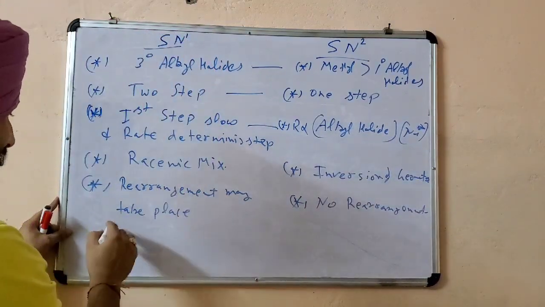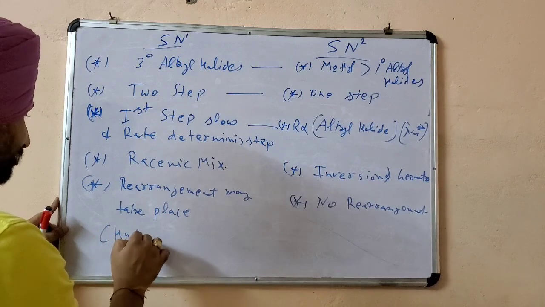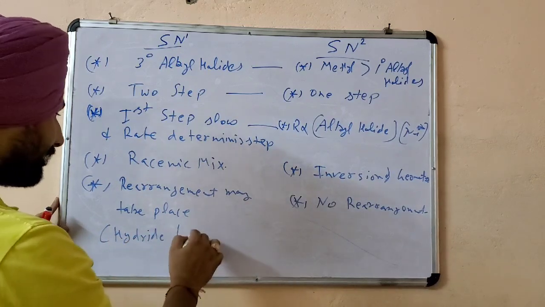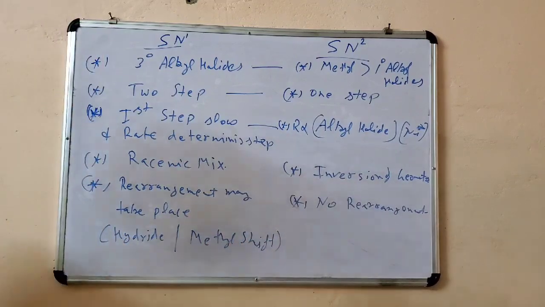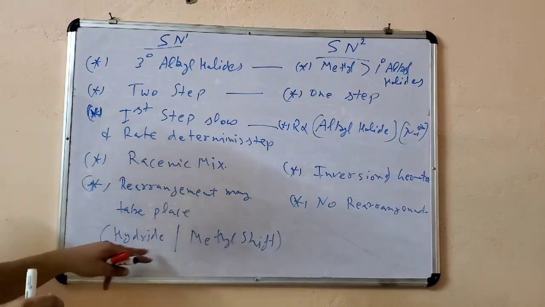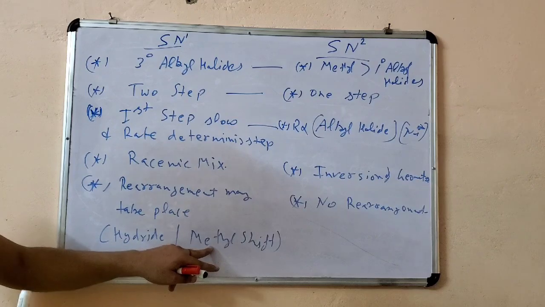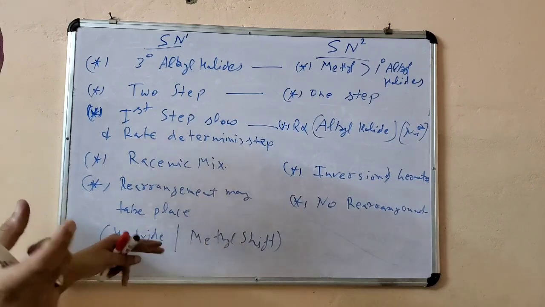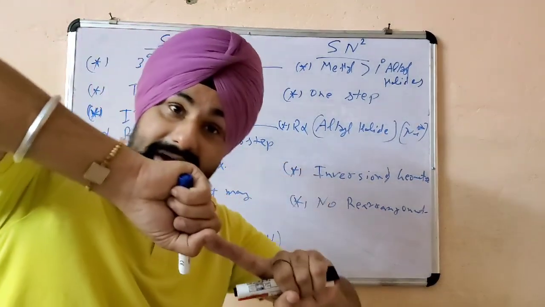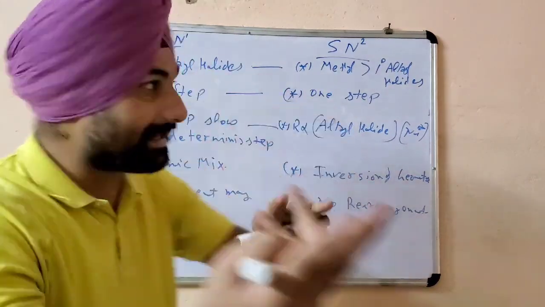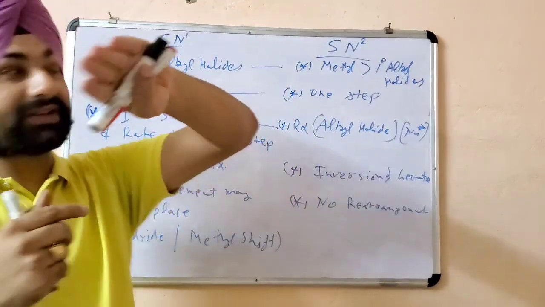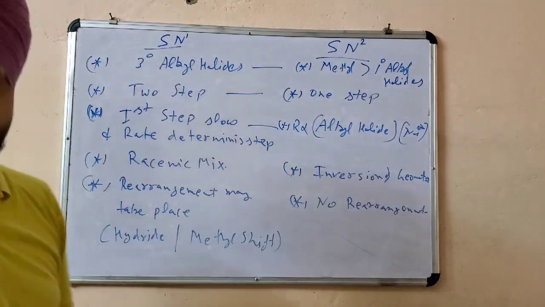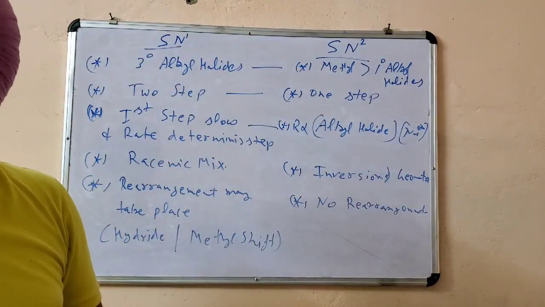Rearrangement may take place means a hydride or methyl shift may take place. After shifting a methyl or one hydride anion, a primary carbocation can be converted to tertiary. If that is the case, then it will prefer the SN1 mechanism. Secondary can be converted to tertiary. If that is the case, the SN1 mechanism will be preferred.